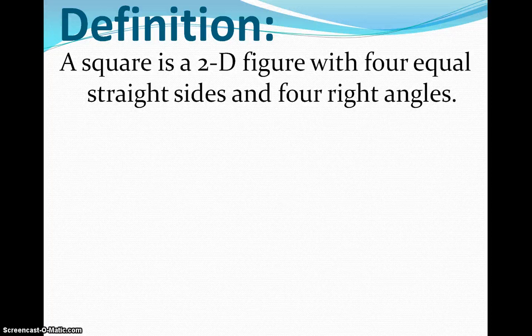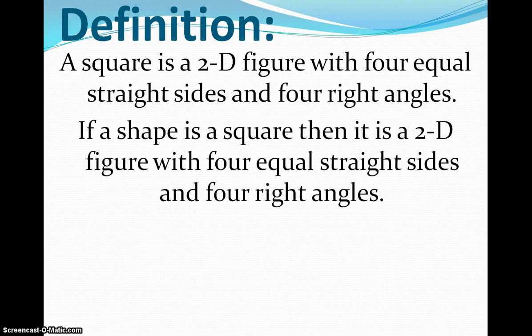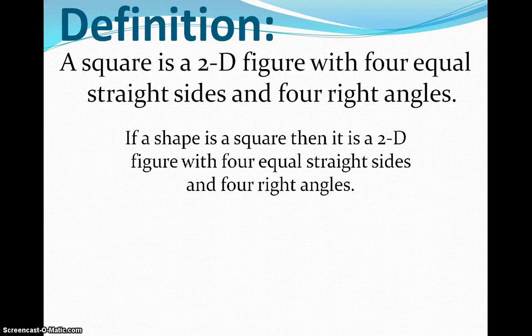A square is a two-dimensional figure with four equal straight sides and four right angles. We all hopefully will agree with that. Our previous statement, which I stated, was if a shape is a square, well then it is a two-dimensional figure with four equal straight sides and four right angles. Now I'm just going to move that one off to the side, and let's write the converse of that.